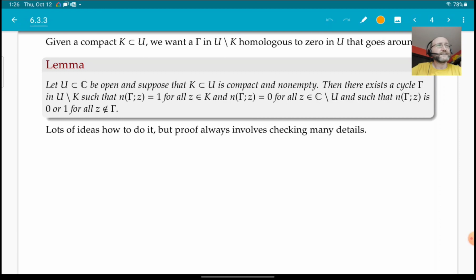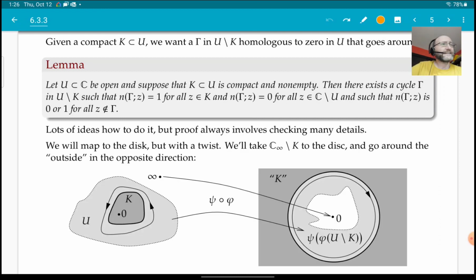So what's the idea? Suppose that we have a compact set K inside some U, and we're trying to find this gamma, that's this guy over here: some positively oriented curve that goes around K and doesn't go around anything on the outside.